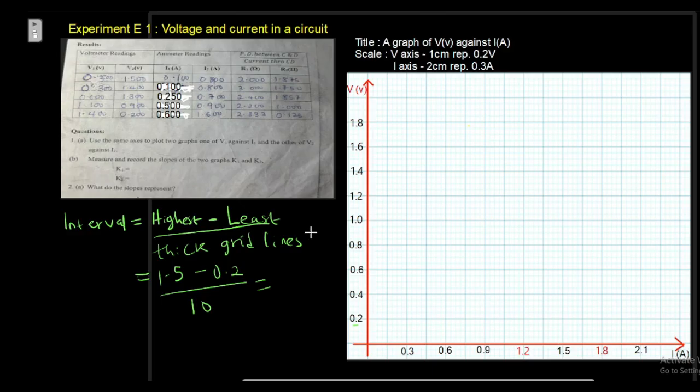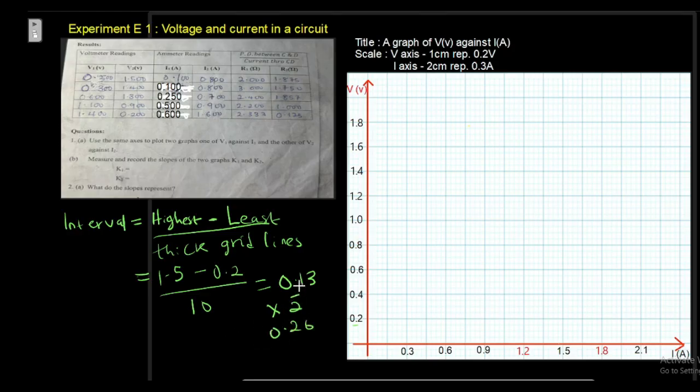Right, so that gives us 0.13. Now this is your lower interval. To get the upper interval, you multiply this by 2. So we have 0.13 times 2, that gives us 0.26.